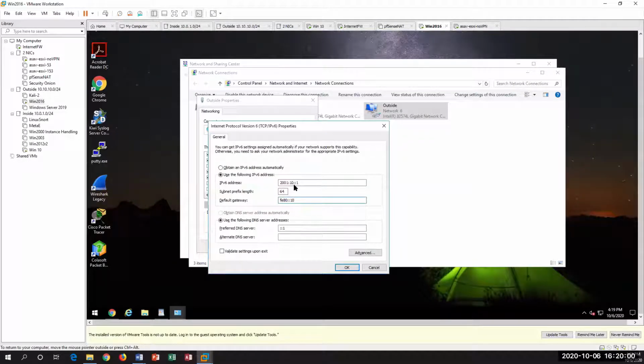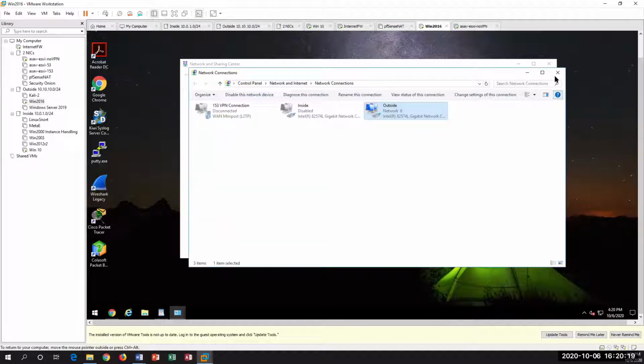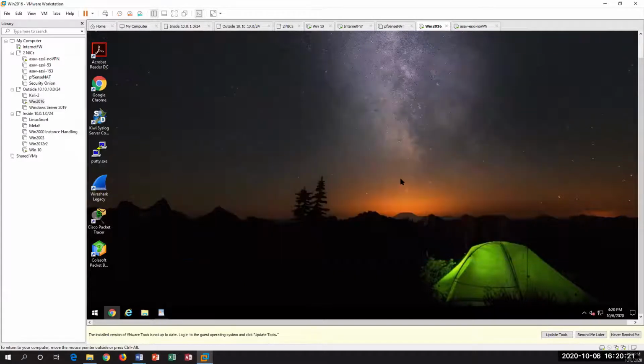And so you see that this is the 2016's IP address, 2001:10:1, and then FEA0:10, which is the ASAV, serves as the default gateway of this Windows 2016. All right, say okay on that, and let's get out of here. And now we're going to SSH into the box.